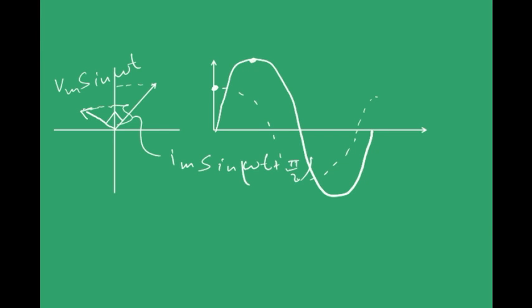Which comes first? Current takes its maximum value first, and then voltage. And the time period between these two events is T by 4, one fourth of a time period, and this is omega t. Hope everything is fine till now.